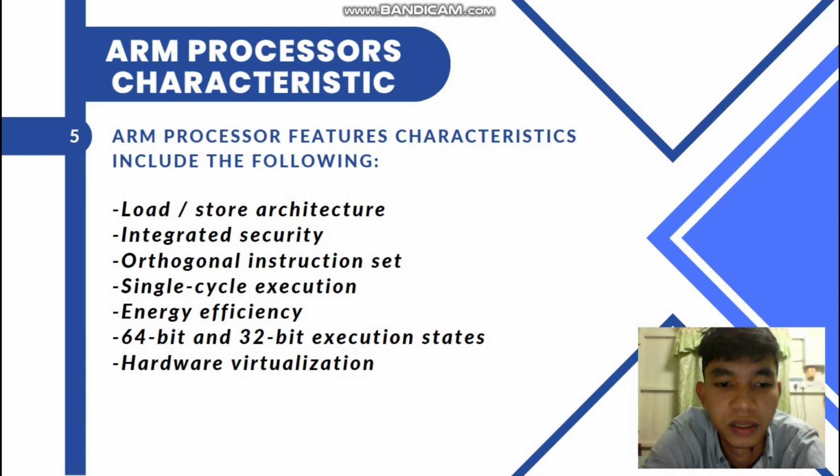Number 4, single cycle execution. Number 5, energy efficiency. Number 6, 64-bit and 32-bit allocation states. And the last one, hardware virtualization.